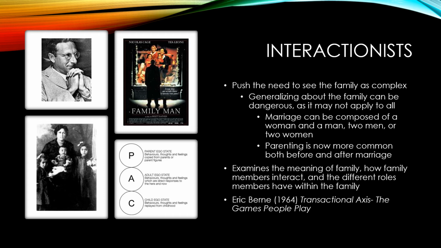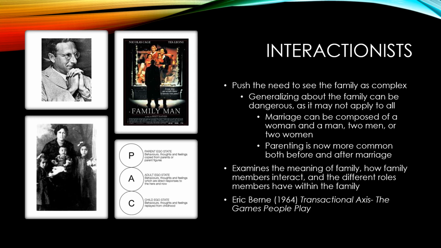Because many people like to just generalize about the family, like, oh, the family is breaking down. And saying statements like that is extremely dangerous, or the family is doing this, because it might not apply to all families, right? Especially due to the composition of families and what they might include. For instance, marriage can be between a man and a woman, two men or two women, and all the different definitions of that as well.